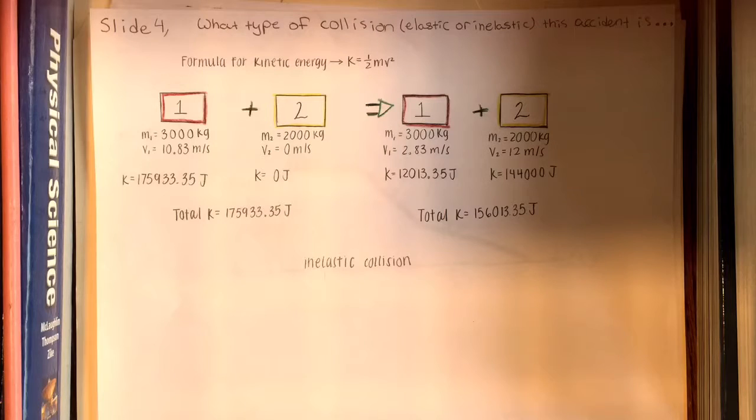And your kinetic energies following the collision, and your result should be 156,013.35 joules. The kinetic energy before the collision is greater than the kinetic energy following the collision, which means no kinetic energy was conserved, making this an inelastic collision.